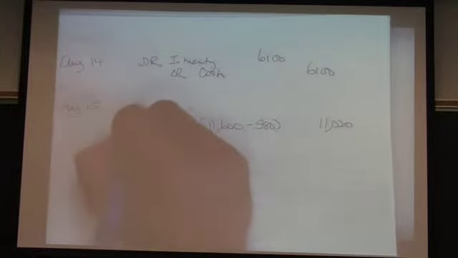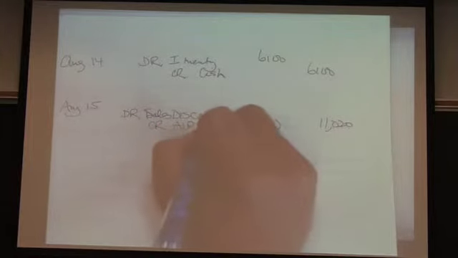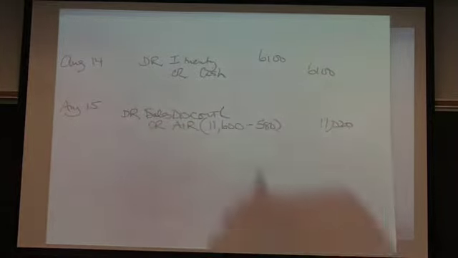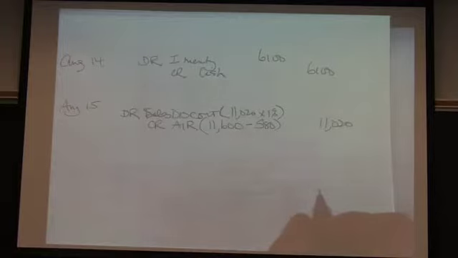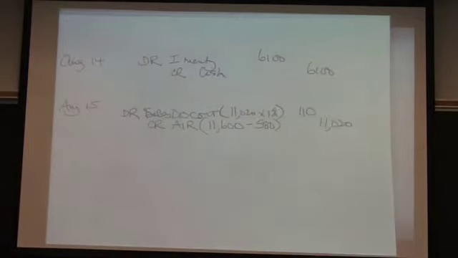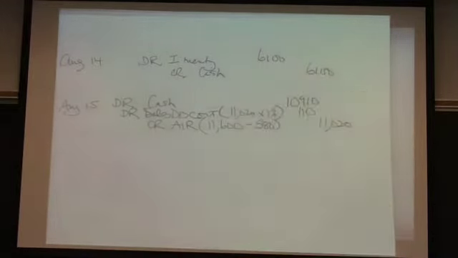And the discount is a contra account to revenue called sales discounts. And that sales discount is $11,020 times 1%, which is $110. I just rounded it up. And that means that we need to debit cash for the net amount, which is $10,910.